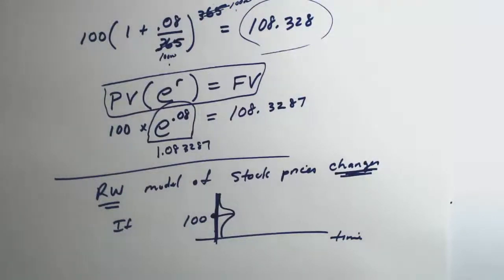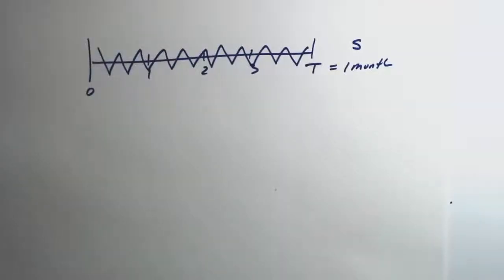So before I go further, let me give you a bigger picture of where we're going with this. Before I actually show you a graph of the random walk model and how it compounds volatility, let me show you a mean reversion model. So here we have a mean reversion model graphically for a stock price.